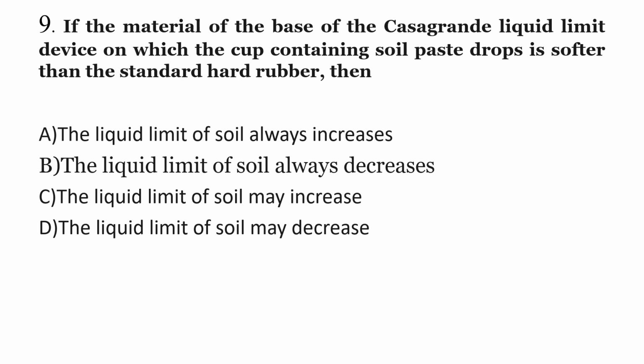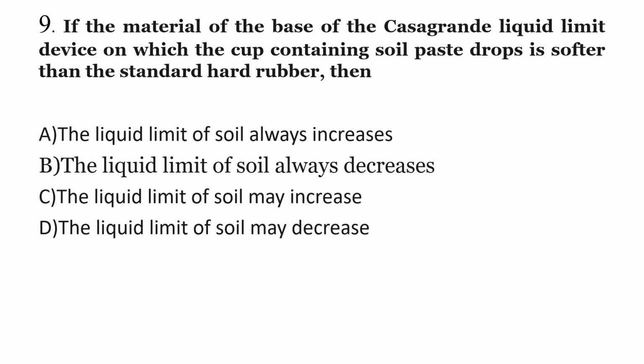So here, instead of standard hard rubber, you are using a softer one. Since this cup raises and lowers and drops on a softer one, it is difficult for the soil mass to come closer. So it's natural that we have to mix the soil with more water. That is, we have to increase the water content.